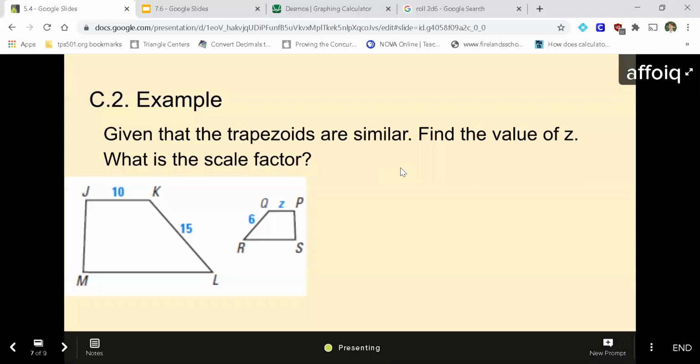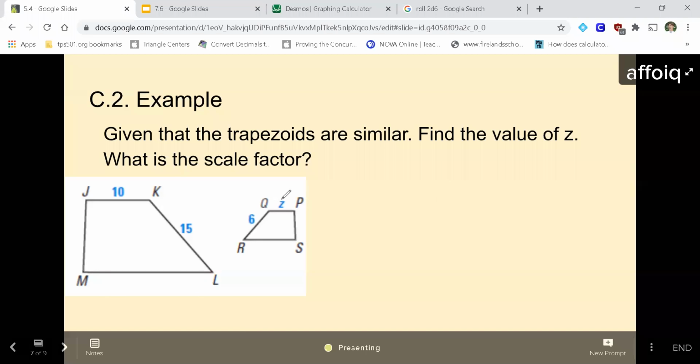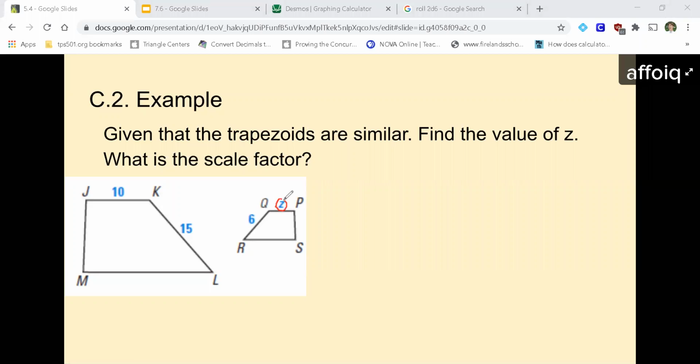All right, so for example, given that these two trapezoids are similar, find the value of z and the scale factor. These are the type of problems that you should expect to be able to do on the homework. So to do this, I can set up a proportion. Since they are similar, I know their sides are proportional.